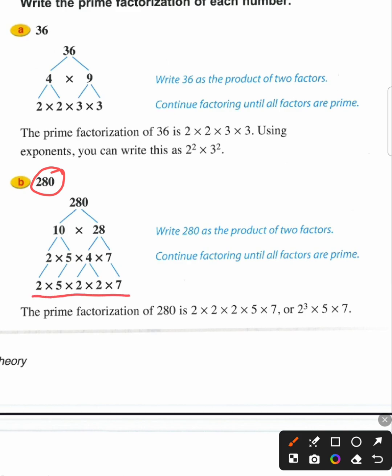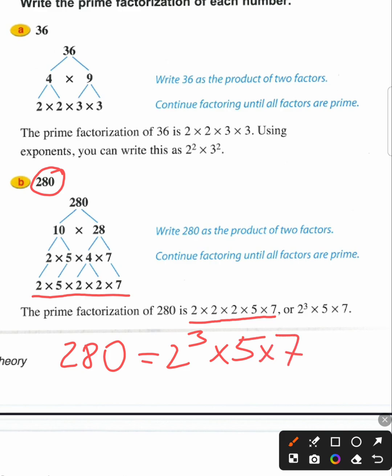The prime factorization of 280 will be 2 times 2 times 2 times 5 times 7. It means 280 with prime numbers will be 2 to the power of 3 times 5 times 7. So be careful, you will write it in this order, and you are correct.